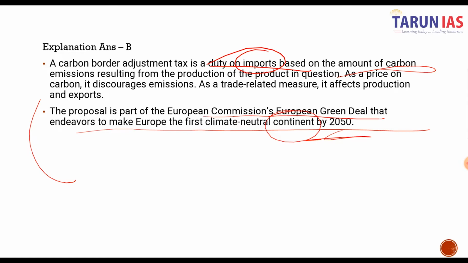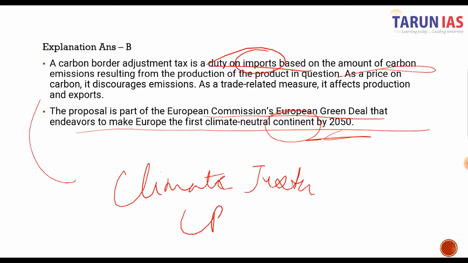However, now the time has come for the developing countries to achieve the same level of industrialization, and now these industrialized countries are levying such carbon tax, etc. So definitely the concerns have been raised, and this is not in accordance with the climate justice principle, which was the common but differentiated responsibilities, that is CBDR.